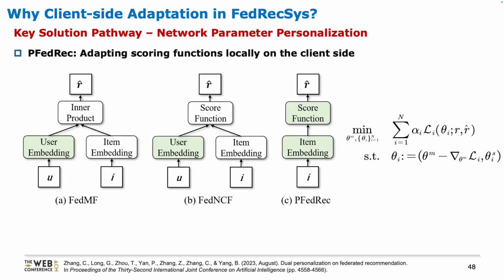This means that every user not only has their own item vectors, but also their own version of the network that processes those vectors. By uploading theta I per client, pFedRec captures how each person actually interacts with these items, rather than forcing everyone through the same scoring function.